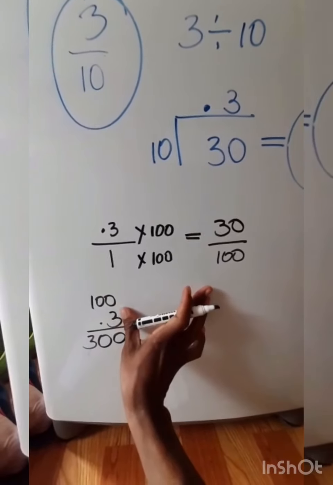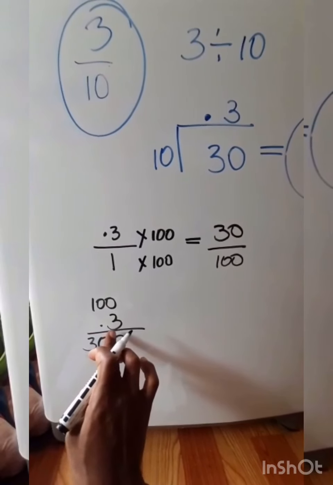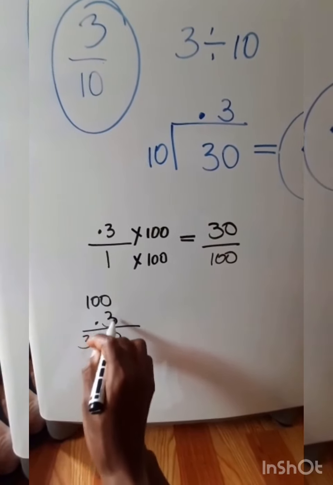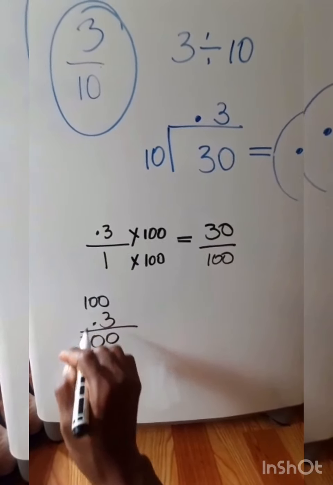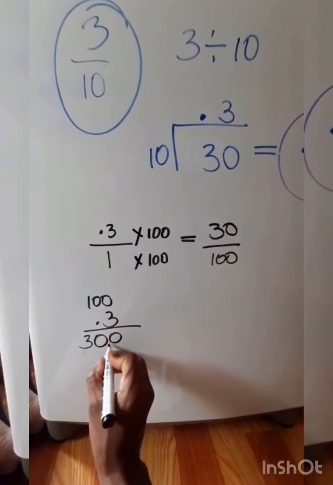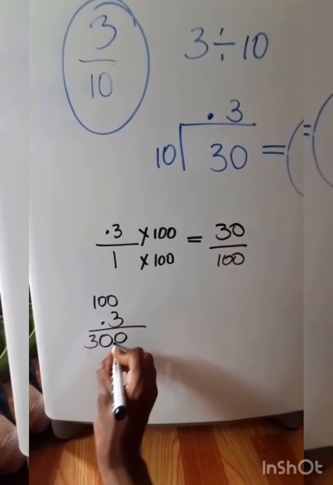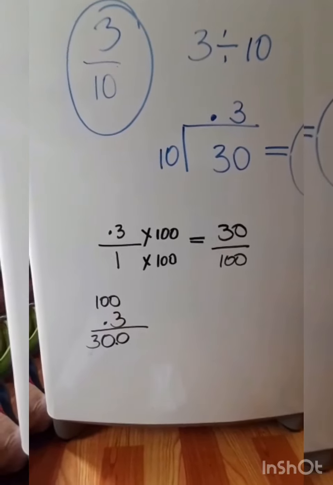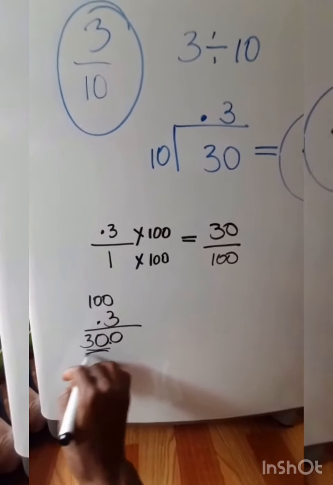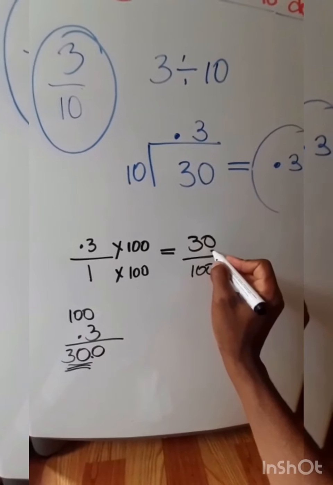Now, how many digits are behind the decimal point? We only have 1, so we put only 1 digit behind the decimal point. Having that 1 behind the decimal point, we end up with 30. That is how we get this 30 up here.